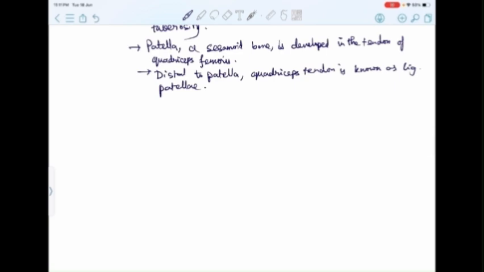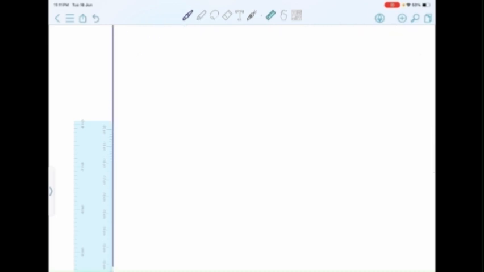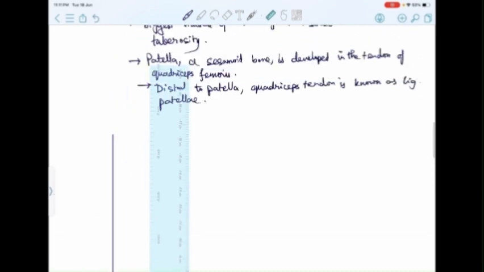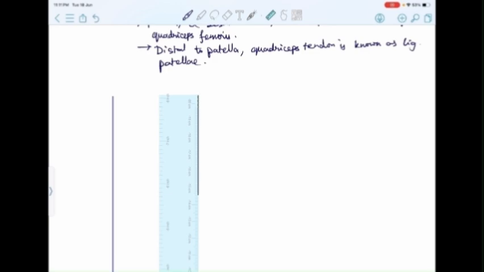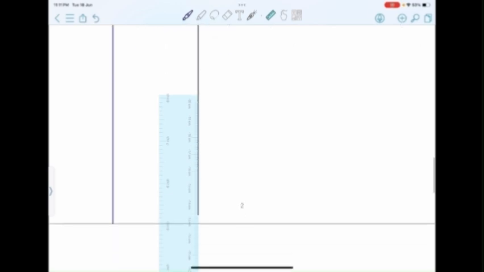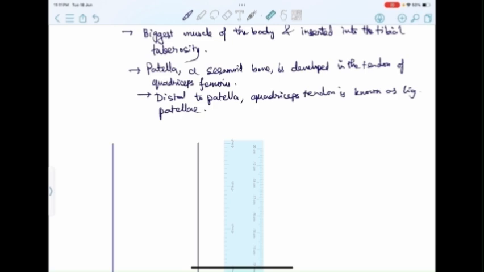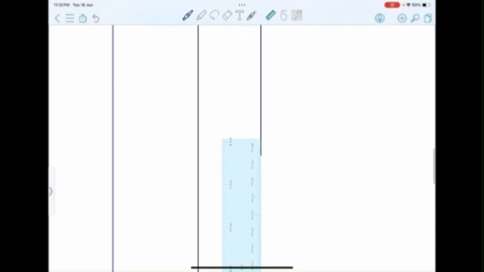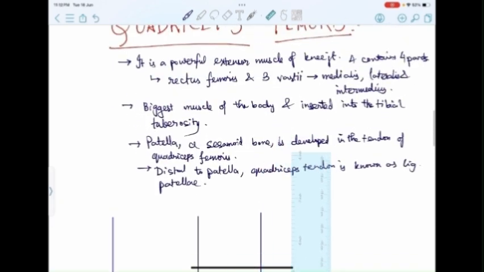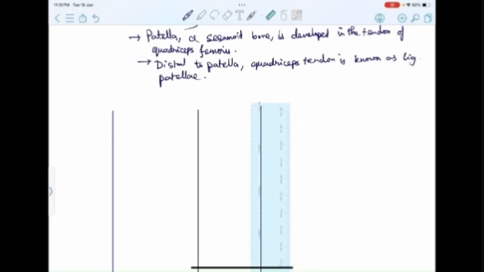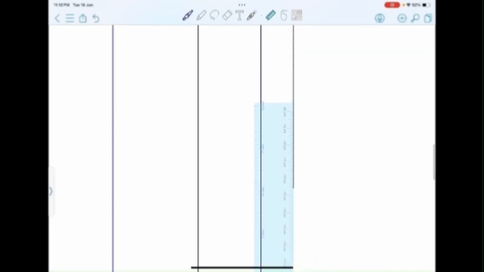So let us start. Six columns you will make. First of all, the muscle name, then its origin, similarly wide is going to be its insertion. Moving onwards, nerve supply, just a small column, because we just write the name of the nerve, and mostly they're going to be the same.